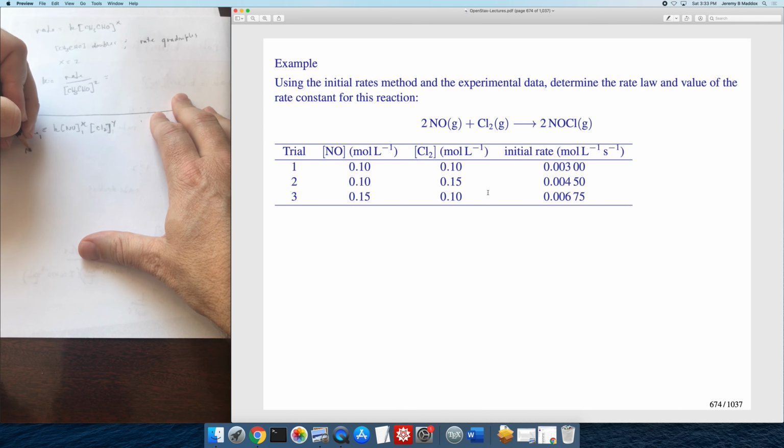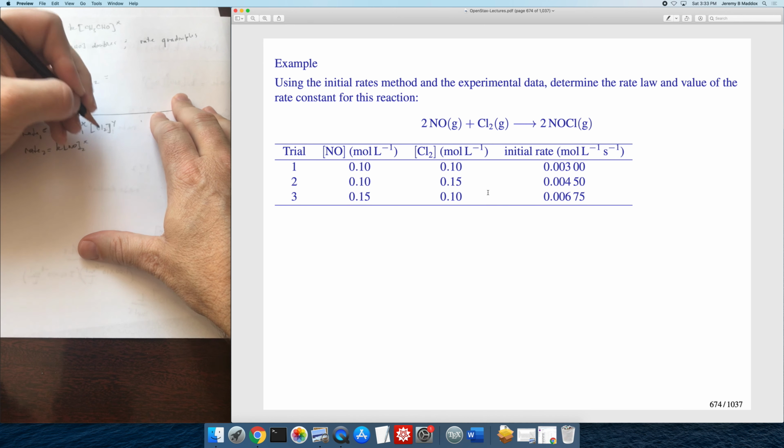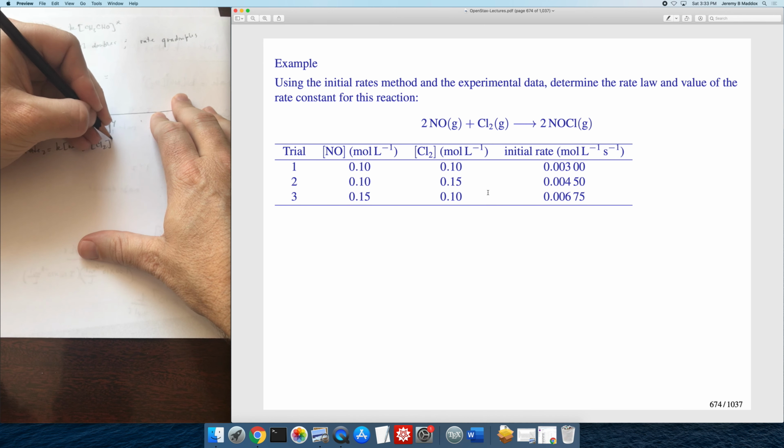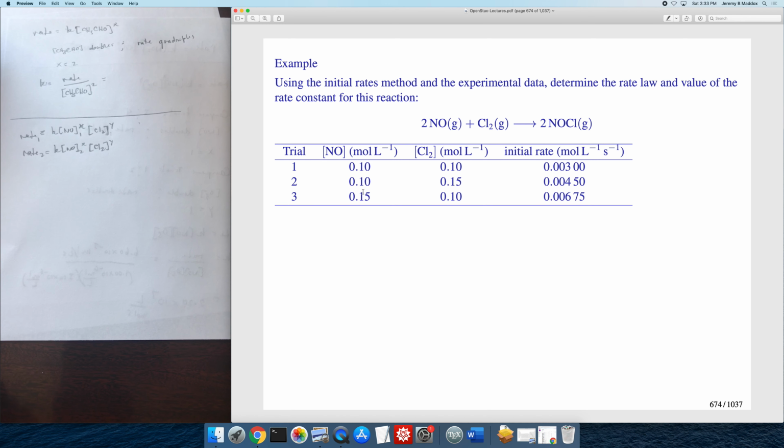You can do the same thing for rate 2. Rate 2 equals K [NO]2 [Cl2] to the y. Okay? The problem is we've got 3 unknowns actually.